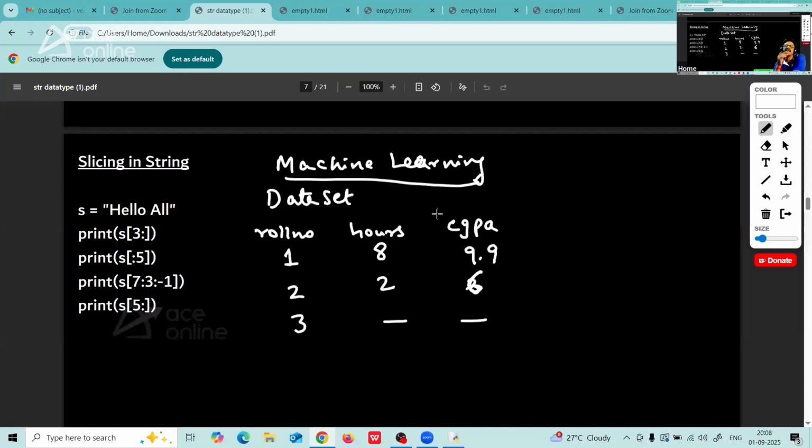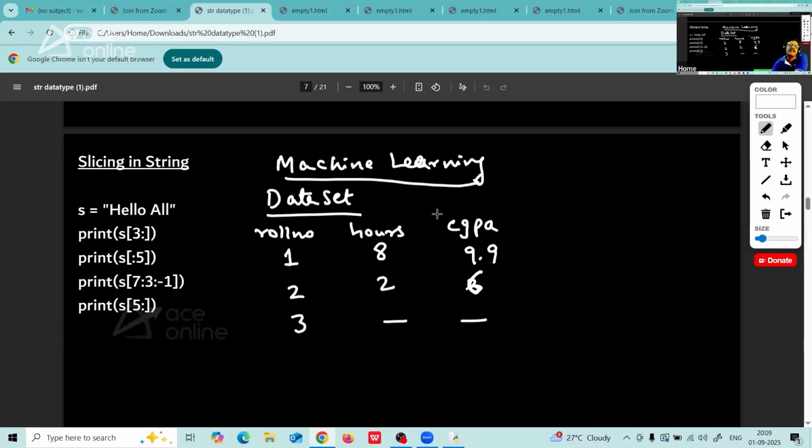Okay, this data set is there. And obviously in machine learning, you will work with data sets because machine learning is all about studying the data, then predicting from the data and so on. Now imagine this data set is given to you and you have a weird requirement that you want to create 2 new data sets.